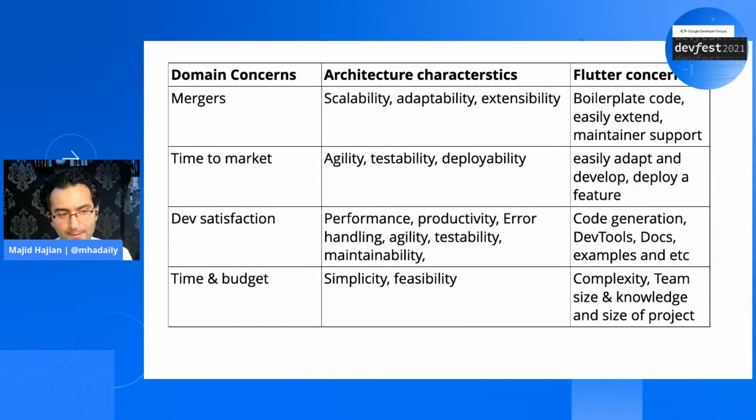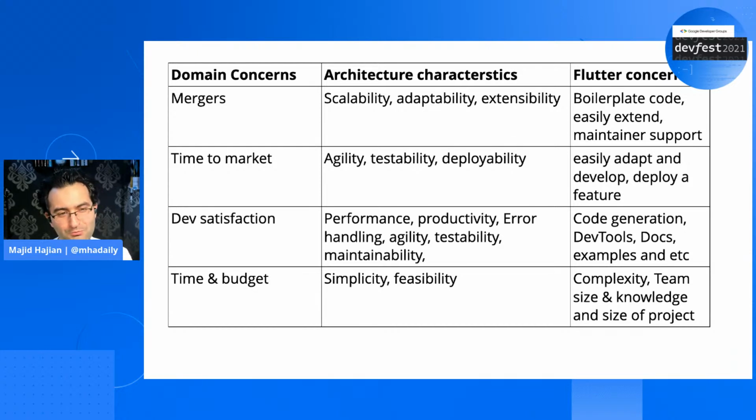The next step was to create a map of different architecture characteristics, which architects usually love, like the words that end with -ilities, right? Like scalability, agility, productivity, simplicity, et cetera.